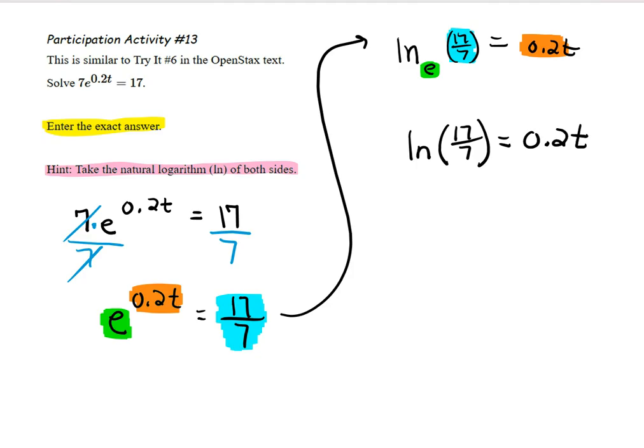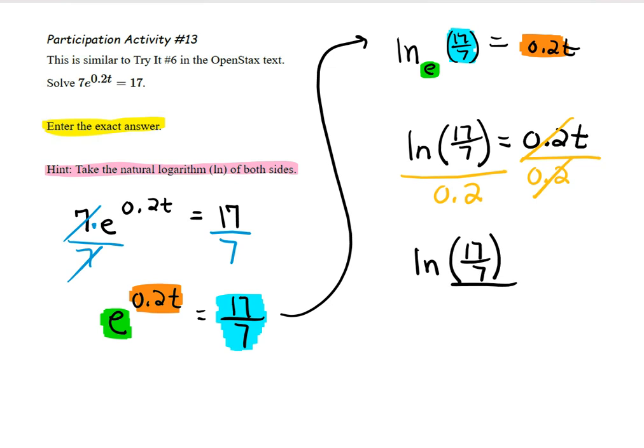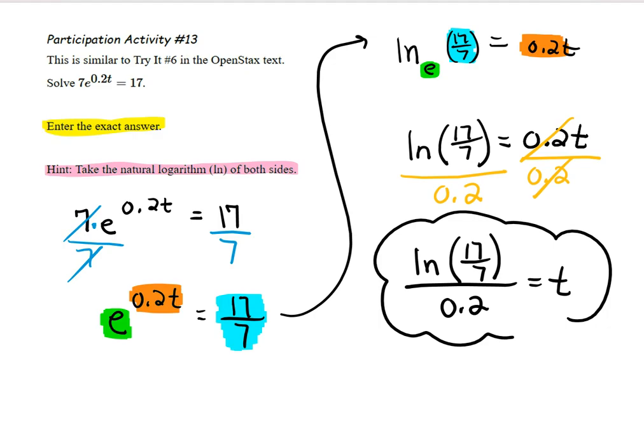And I have one last step. I'm trying to solve for t. So divide off the 0.2. Those cancel out, and then you'll simply type the natural log of 17/7 over 0.2 equals t.